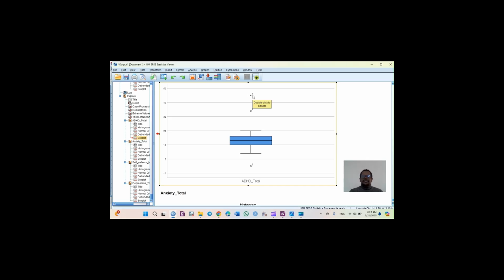The other way to correct, if that's not possible, is completely removing that case from the analysis. And the third option, which some scholars still use, rather than removing that particular person completely from the analysis, is assigning the largest value of the normal data.